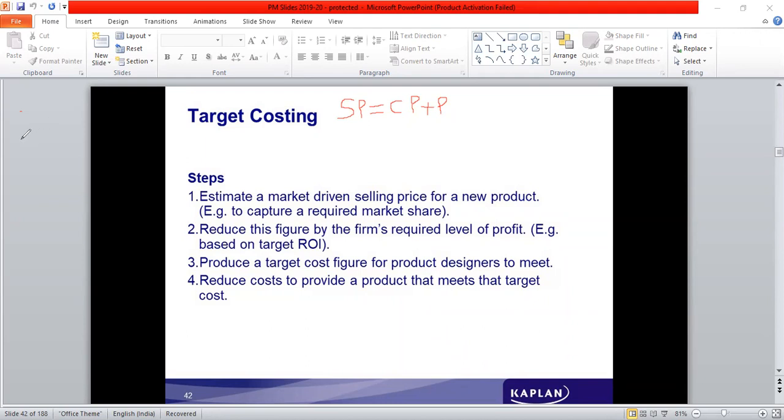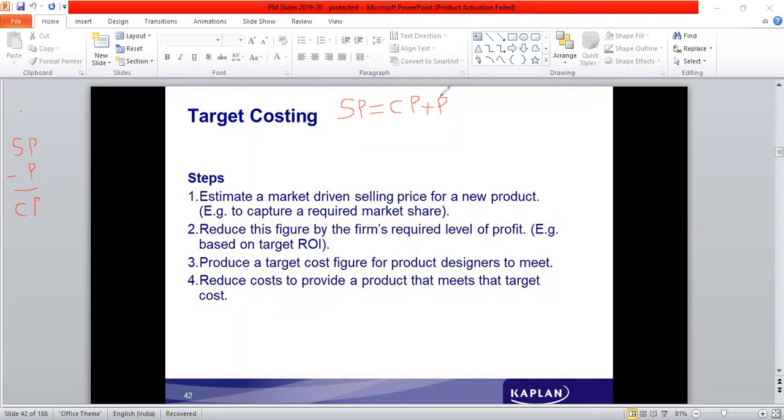First, adopt the selling price, even without looking at the cost of the product which they have to incur, just focusing on the prevailing price in the market. Let's say other competitors are selling the products at some price, take the price as it is. Then every business has some profit margin which they want to earn, so take the profit margin, deduct that, and then arrive at the cost price.